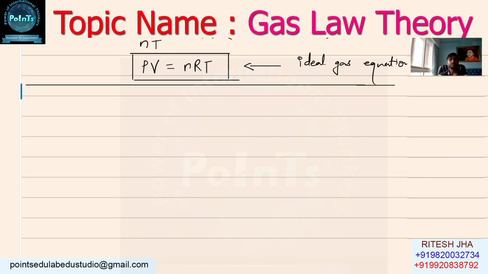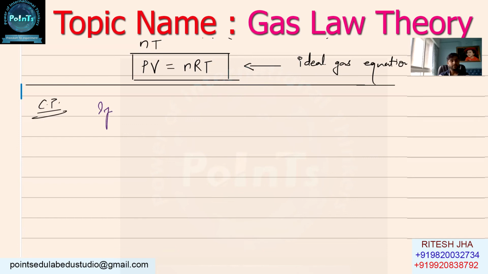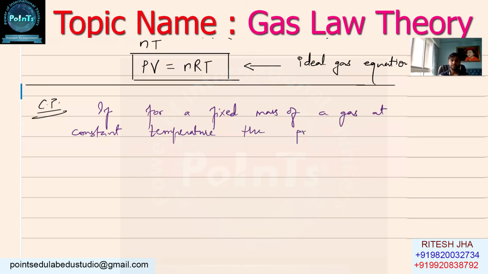All right, so guys, let's go ahead. Here is the question. For a fixed mass of a gas at constant temperature, the pressure is increased by 25%.